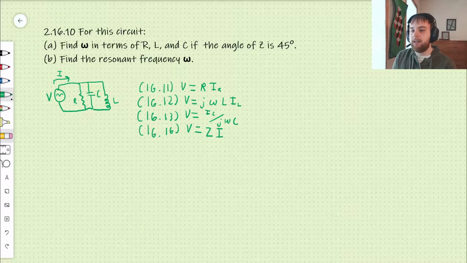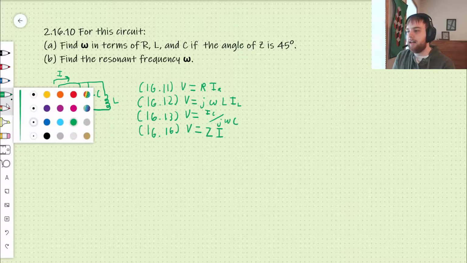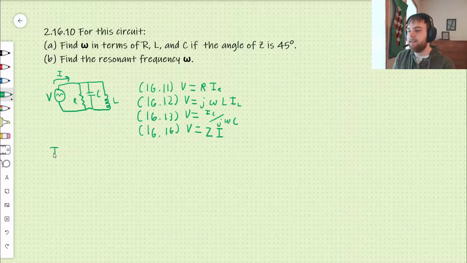So to write that out, our I equals the current through the resistor plus the current through the capacitor plus the current through the inductor.